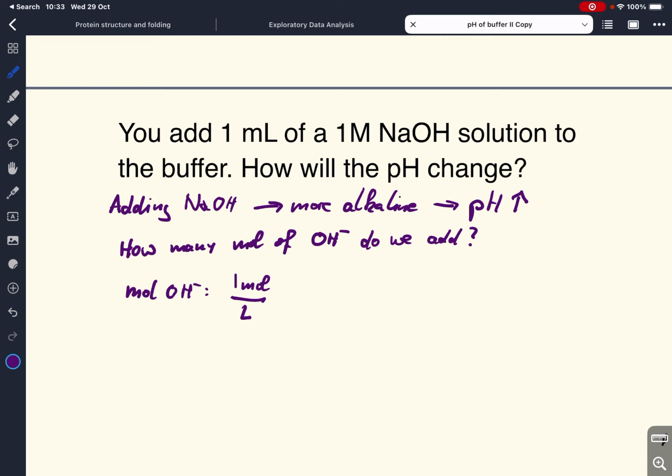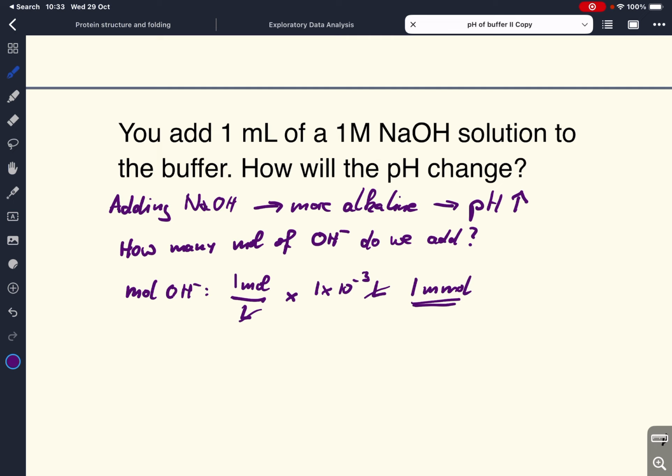And we add 1 milliliter, so 1 times 10 to the minus 3 liter. Liter cancels out, so that gives us exactly 1 millimole that we add to our buffer.